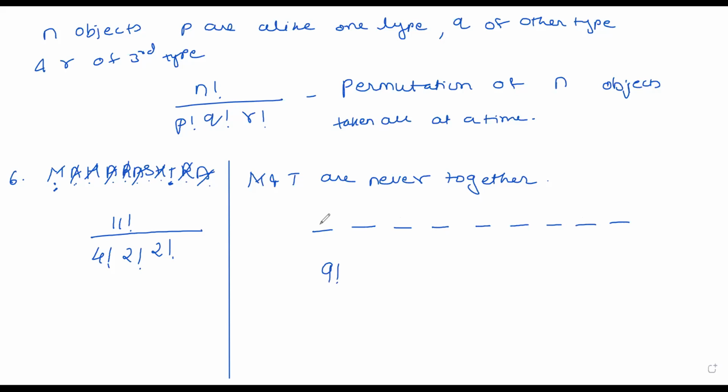Now M and T, they are 2 letters and they have 10 places. Out of these 10 places, M and T can occupy any 2 places in 10P2 ways.